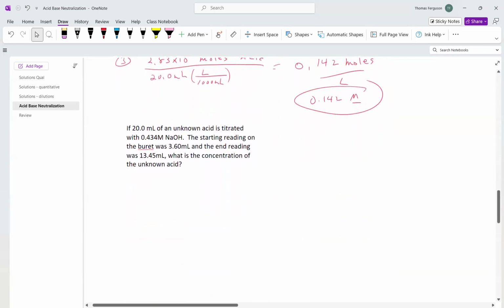Very similar. Now this assumes you already have standardized sodium hydroxide. If you don't, then you need to standardize it using a process similar to lab 15. KHP is the standard dry acid we use to standardize sodium hydroxide bases.